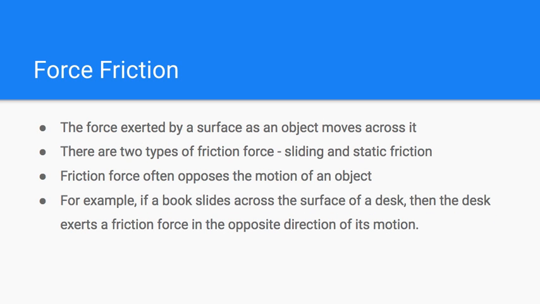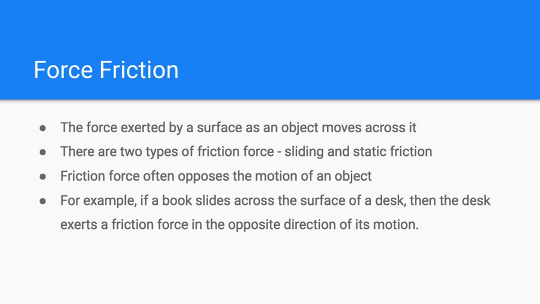Then there's friction force, and this is the force exerted by a surface as an object moves across it. There are two types of friction force: sliding, also known as kinetic friction, and static friction. Static friction is when an object is at rest, also known as it's not moving.